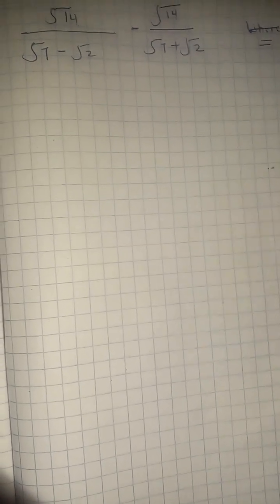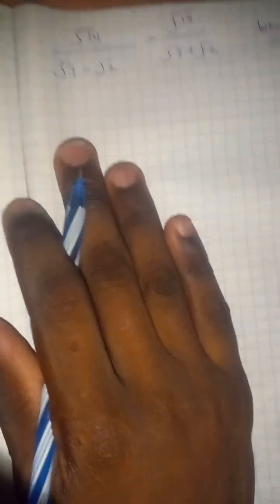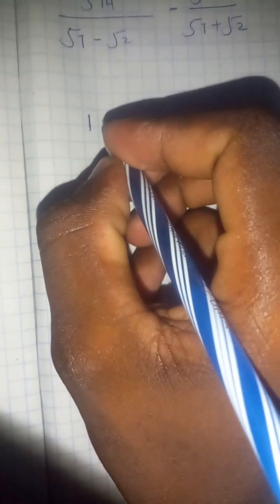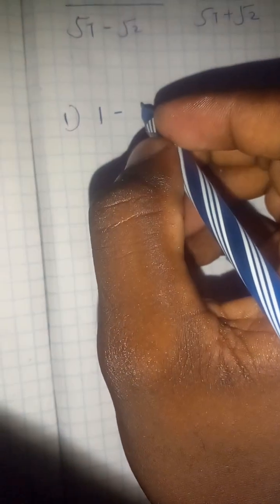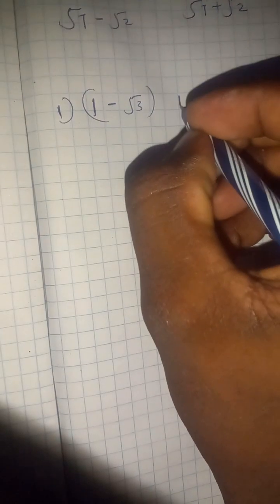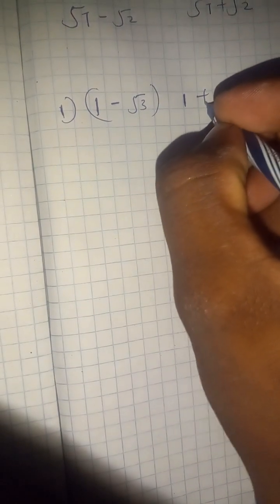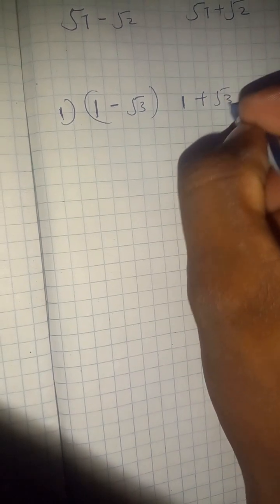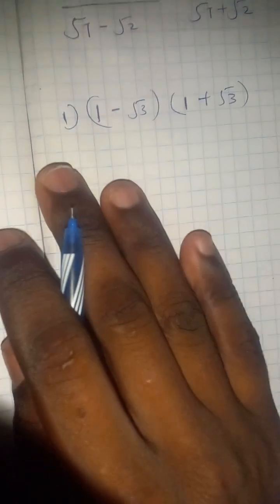The other time we had said that when you simplify surds, for example, when you are given a question like 1 minus root of 3 multiplied by 1 plus root of 3, simplifying this one.